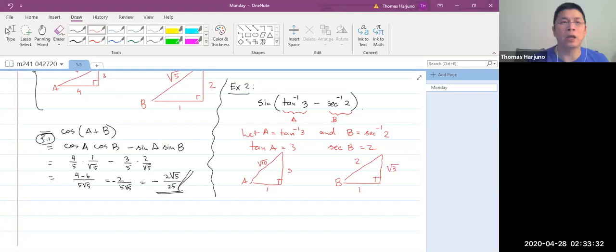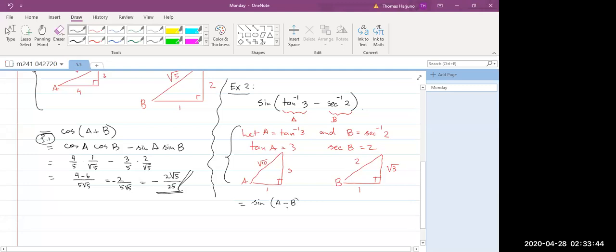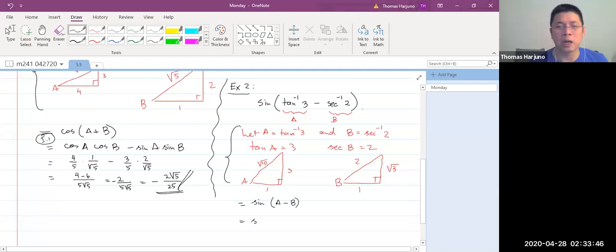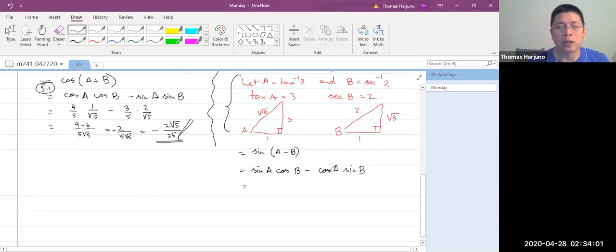Okay. Now, with this substitution, we get sine of A minus B. Is it right? Yes. Which will be sine A cosine B minus cosine A sine B. Okay, now sine A is 3 over radical 10.